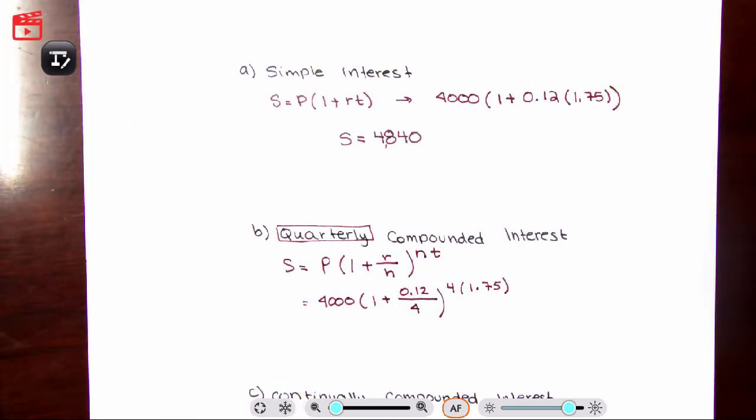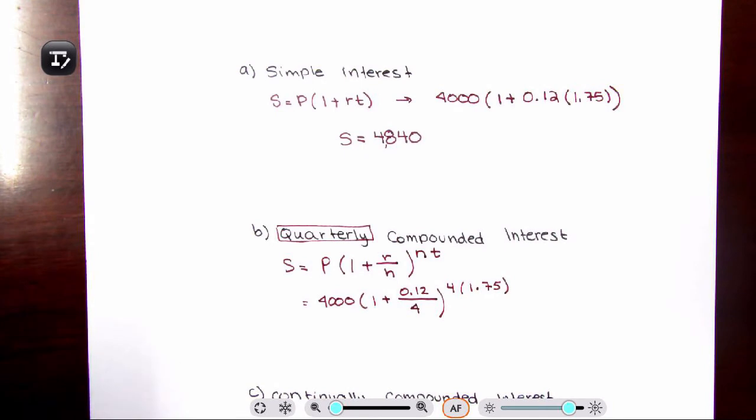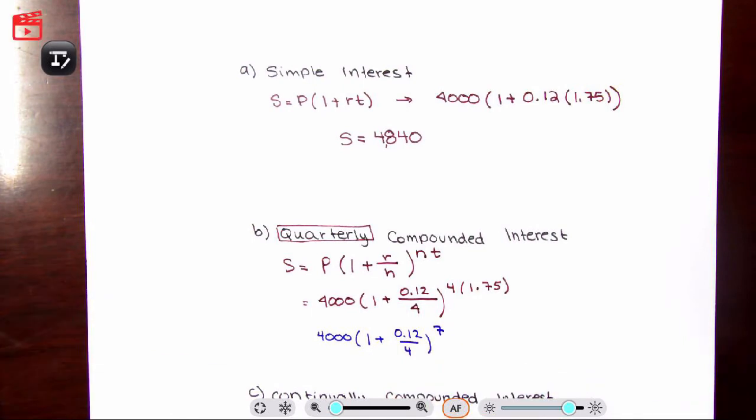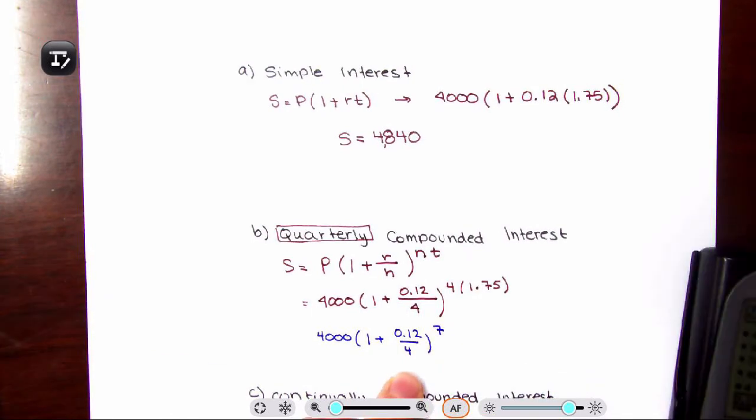Let's go ahead and calculate this. I'm going to start off by multiplying 4 times 1.75. That actually gives me 7. I wasn't expecting such a pretty number there. And at this point, I'm going to do the 0.12 divided by 4, and I'm actually going to add 1 to that as well, so that gives me 1.03, to the 7th power.